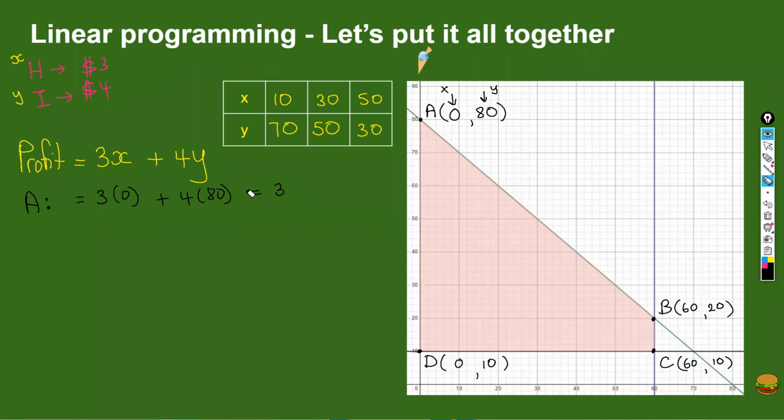So the profit for point A is how much? $320. So if we sell 0 hamburgers and 80 ice creams, this is how much profit we will come out with. Do the same thing for points B, C and D, and see which one gives you the largest profit. The one with the largest profit is the one we're going to choose for our business. That is what we're going to aim to sell.